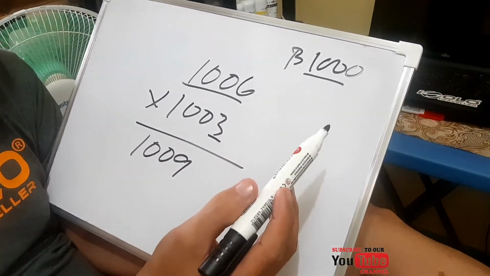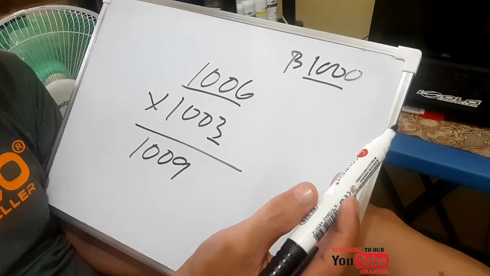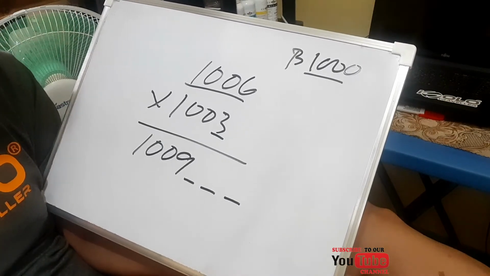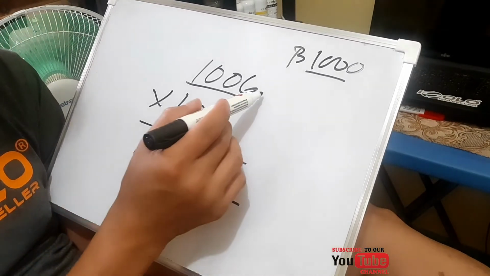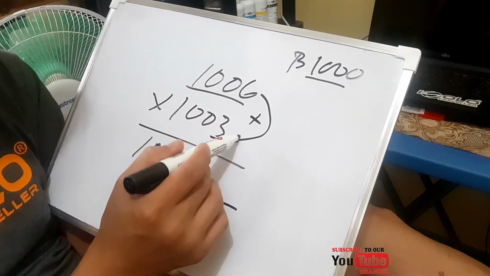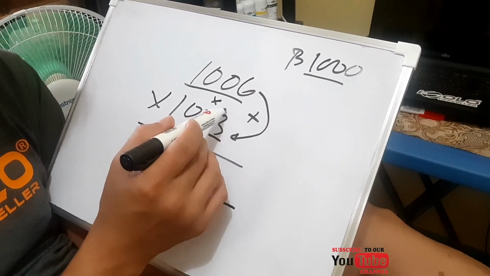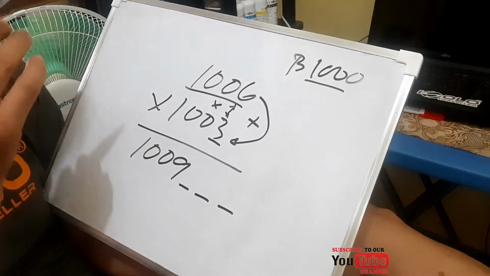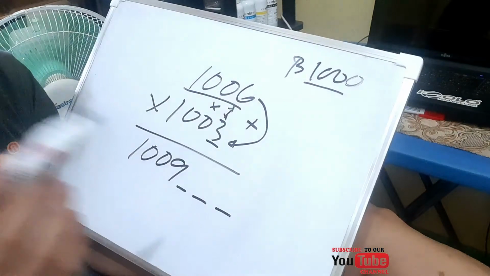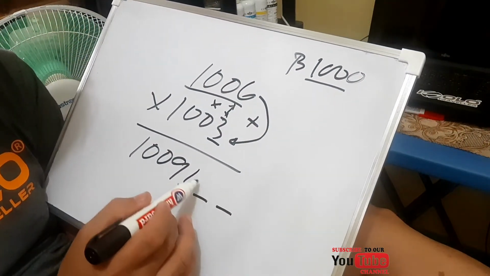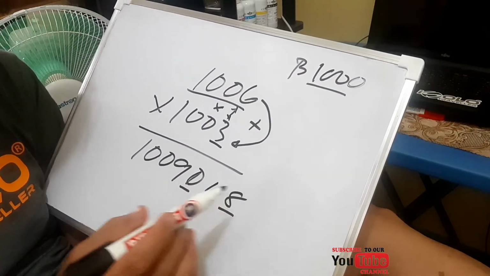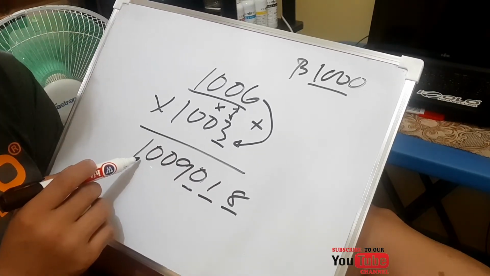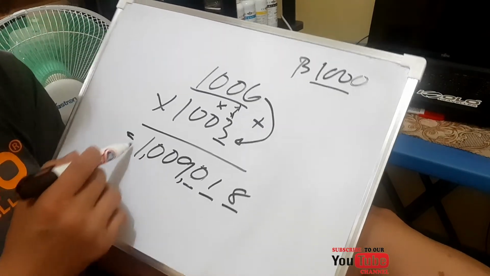Since we have 3 zeros here in our base 1000, all I have to do is add 3 spaces here. We add this together, right? And now we will be multiplying these together. 3 times 6, 18. And this is your answer.